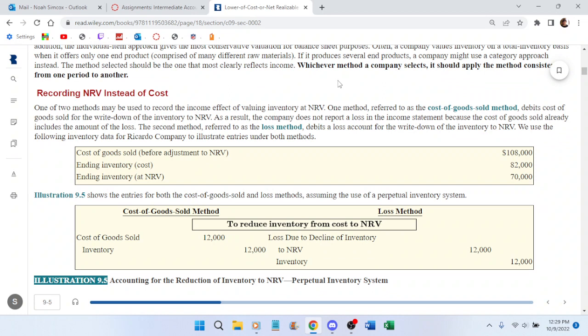Because in one method, it's very simple, you debit cost of goods sold. In the other method, you debit loss due to decline of inventory to NRV. And the 12,000 is because it was the difference between net realizable value and cost.